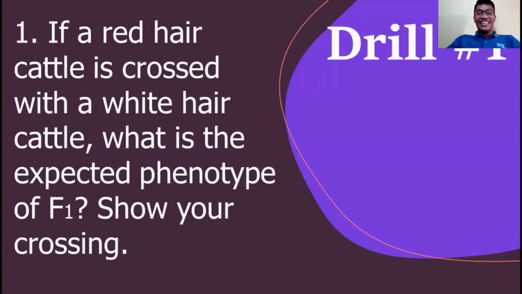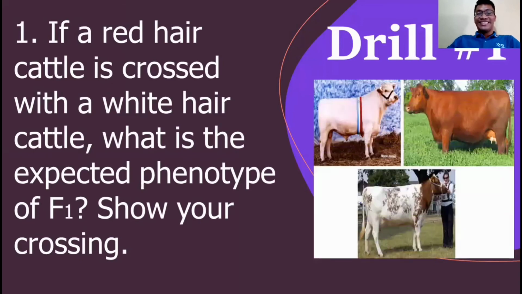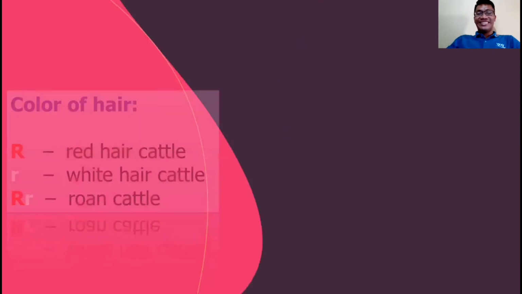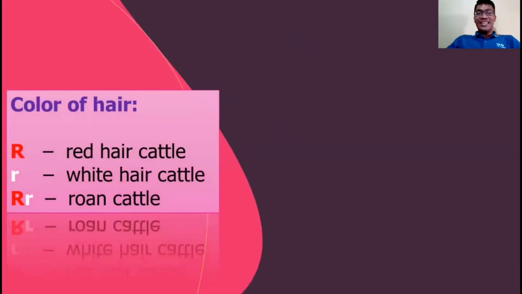Let's answer this drill. If a red hair cattle is crossed with a white hair cattle, what is the expected phenotype of F1? Show your crossing. With this, let's have this symbol or representation.